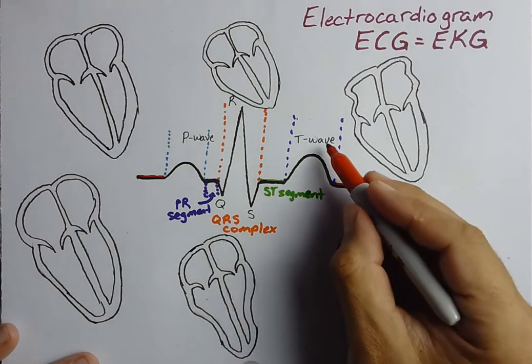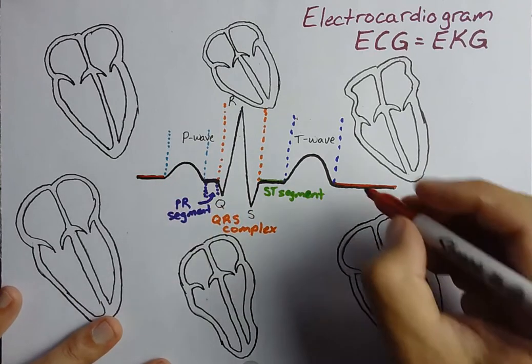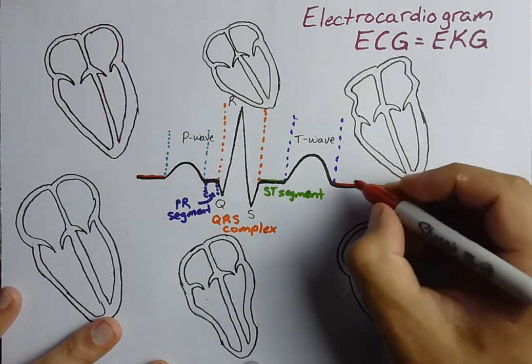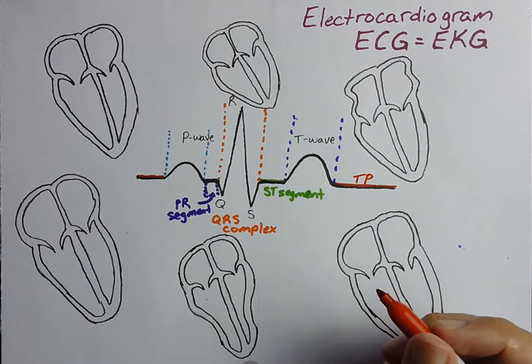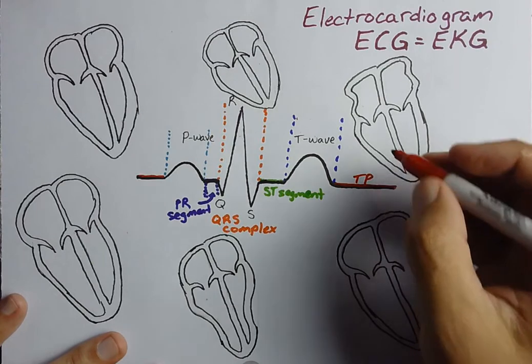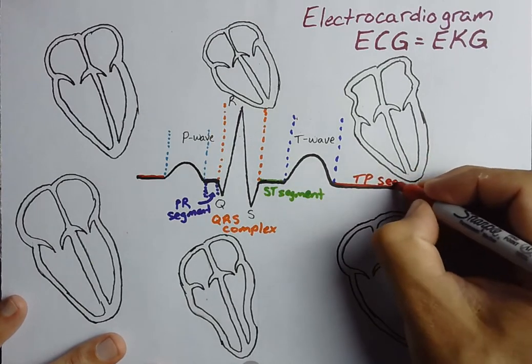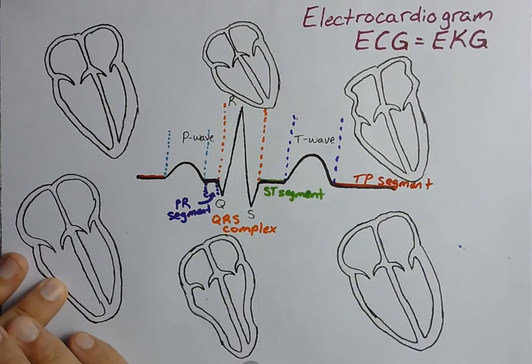This goes from the end of one T wave to the beginning of the next P. So this is going to be called the TP segment. And that's the major anatomy of an EKG: P wave, PR segment, QRS complex, ST segment, the T wave, and the TP segment.